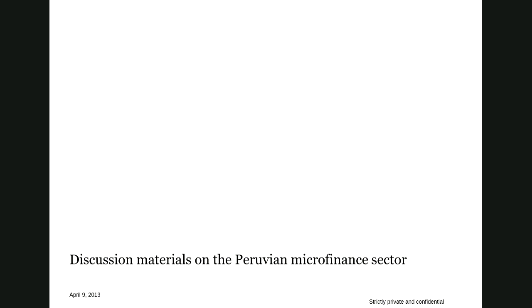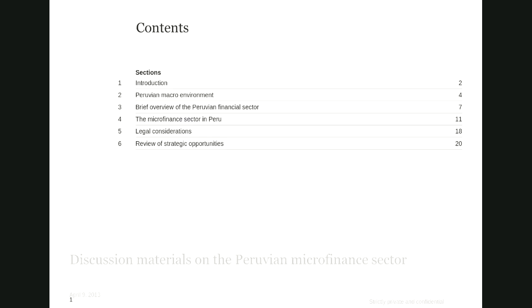So this presentation was a discussion on the Peruvian microfinance sector, okay? So let's quickly go through the details and see what was included, okay? Let's zoom in a little bit. So there is an introduction, there is an overview of the Peruvian macro figures. I will switch off the camera so people get a better connection while we discuss the presentation.